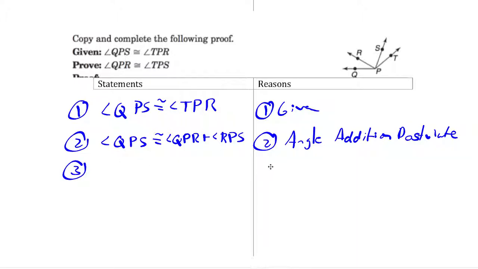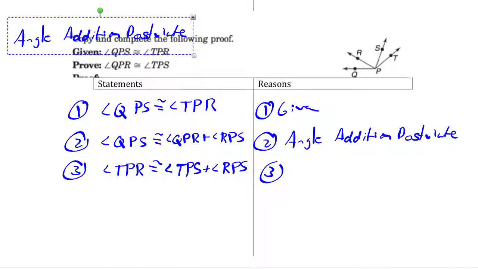Step 3, we're going to do a similar approach, but on the other side. So this is going to be angle TPS, or I guess I could say angle TPR. Angle TPR is congruent to angle TPS plus angle RPS. And yet again, that is going to be angle addition postulate.